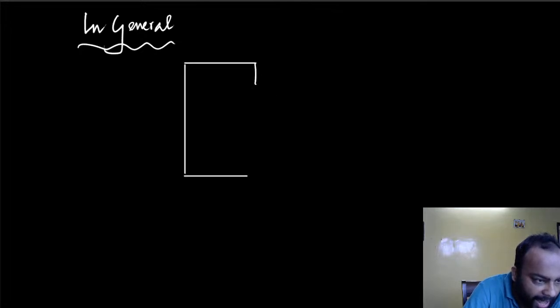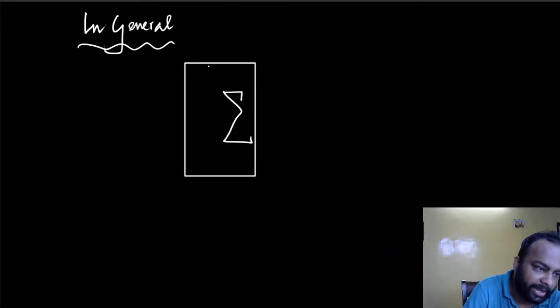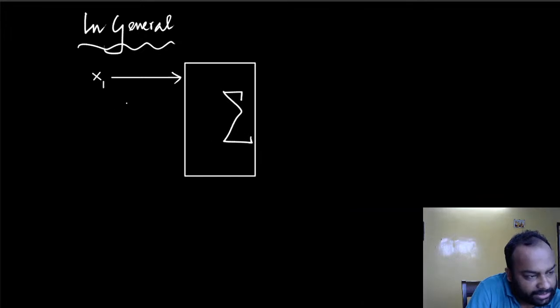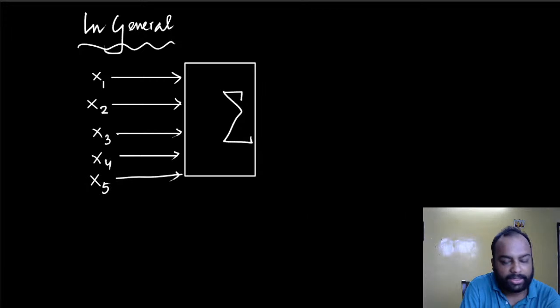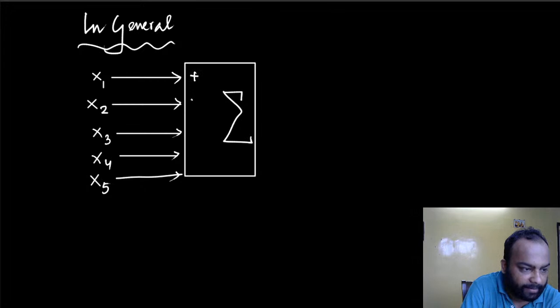In general, what you essentially do, you draw the block as a vertical rectangle. You put a summation symbol here, and then for example something like this. So this is your x1 signal. Say I'm just considering 5 inputs. Right? So these 5 signals are coming up, and some of them are being subtracted, some of them are being added, say.